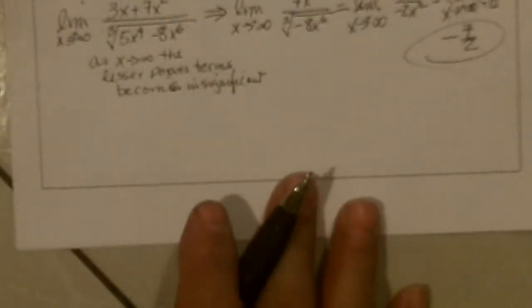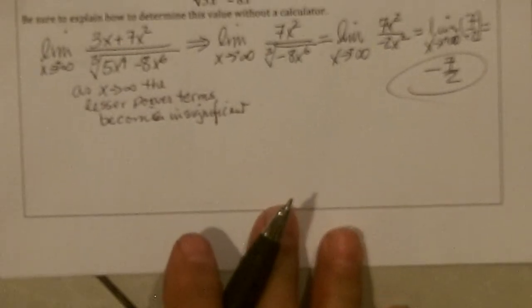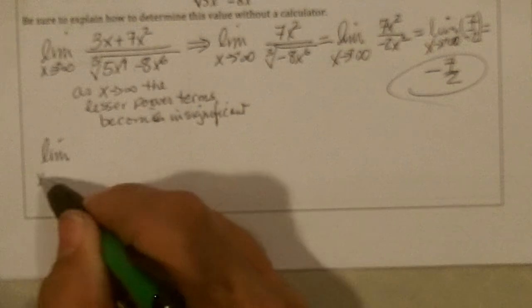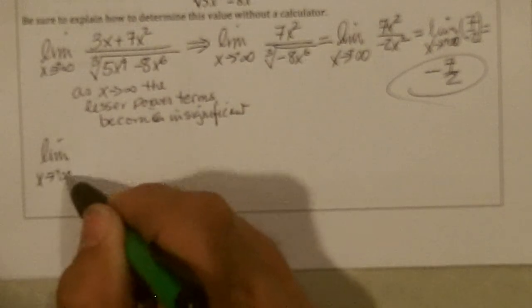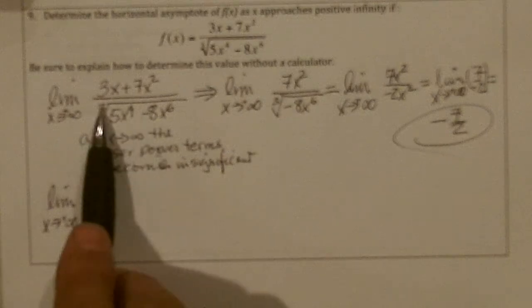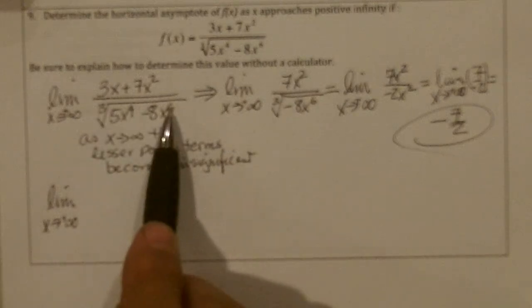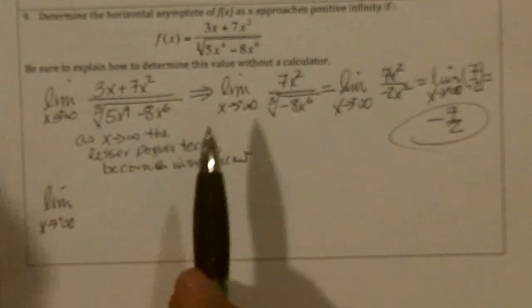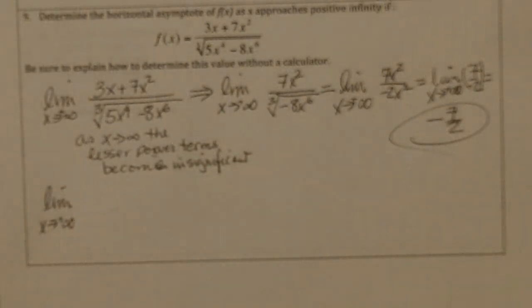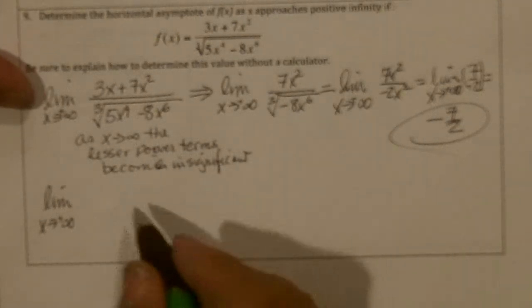Now the other way to do this one is to say that the highest power in the denominator would be the cube root of x to the 6th, which is x squared. So divide every term of the numerator and every term of the denominator by x squared.